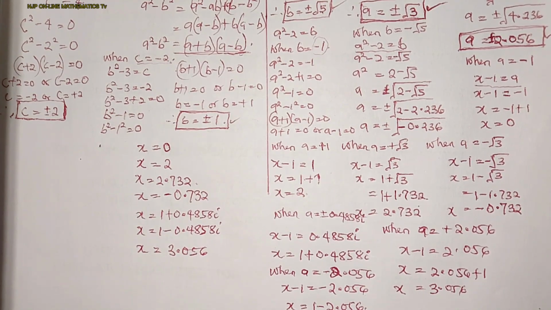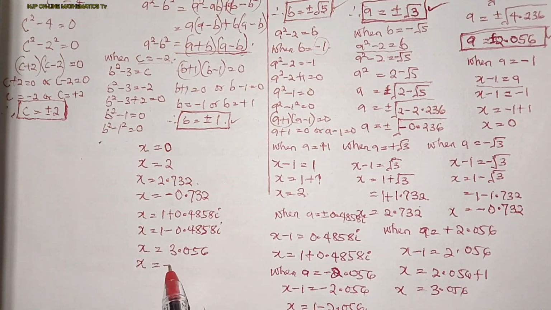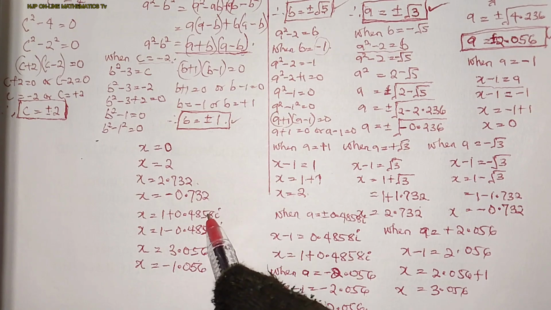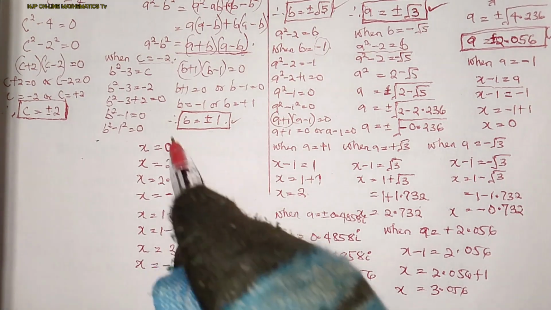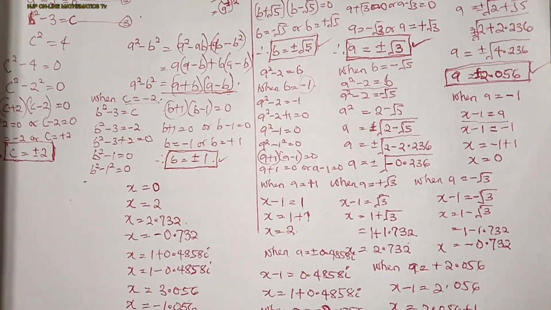So this is equal to a negative 1.056. So the value of x here equals negative 1.056. So we have now obtained 1, 2, 3, 4, 5, 6, 7, 8 values of x to satisfy the initial equation that we have.